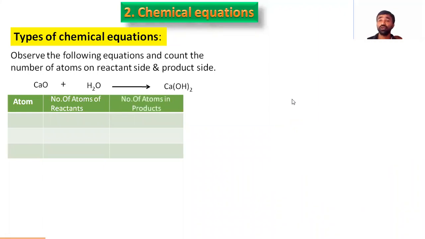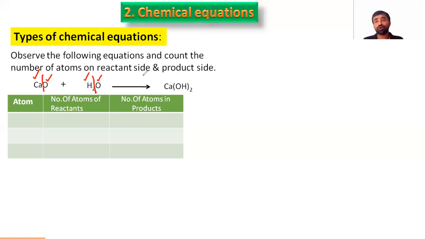After this, I will note what atoms are actually present on the reactant side. No need to check your product side because the same atoms will be produced, but the combination is different. So on the left side, I have calcium, oxygen, and here hydrogen and oxygen. Oxygen is repeated 2 times, but we will consider only 1 time.